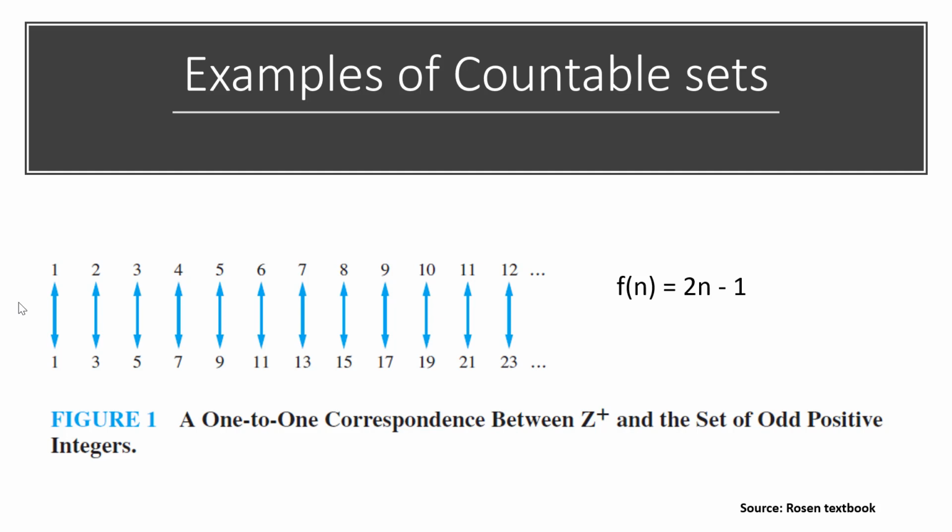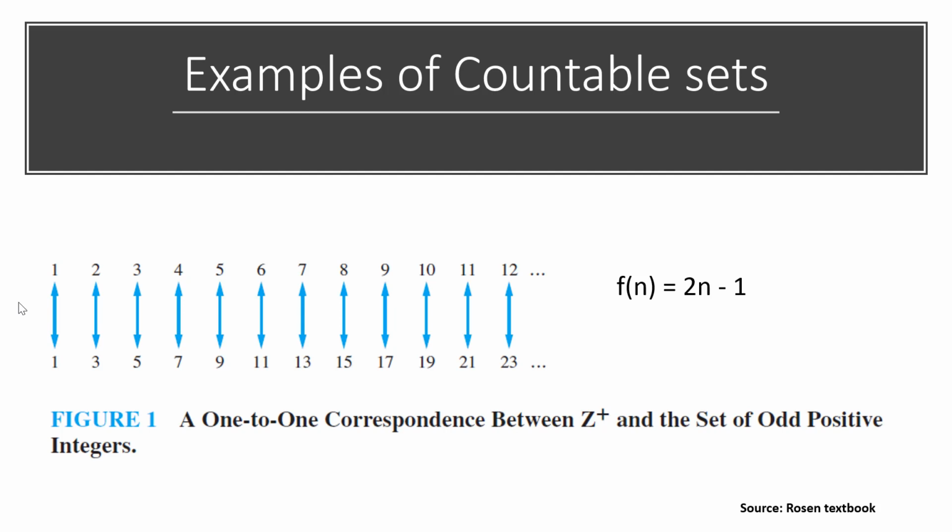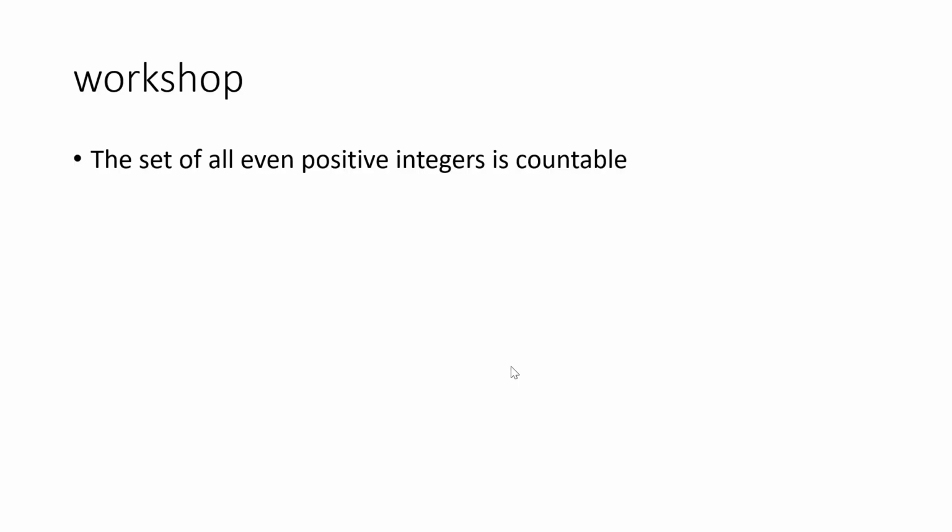In other words, f of 1 maps into 1, f of 2 maps into 3, and so on. So this function f of n is a mapping from the set of natural numbers into the set of odd numbers. And clearly it's a one-to-one function.